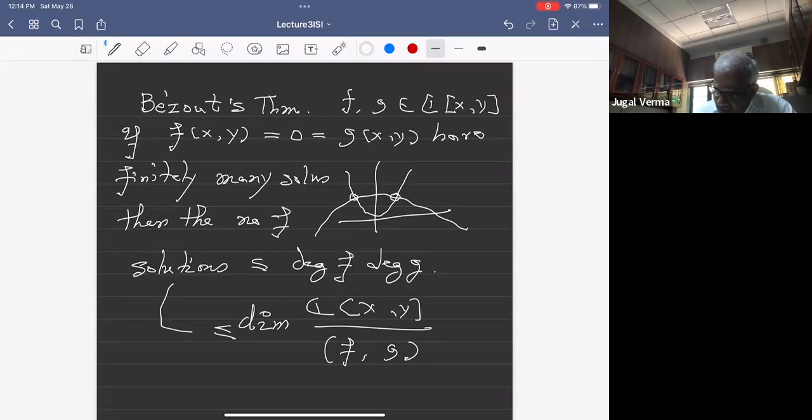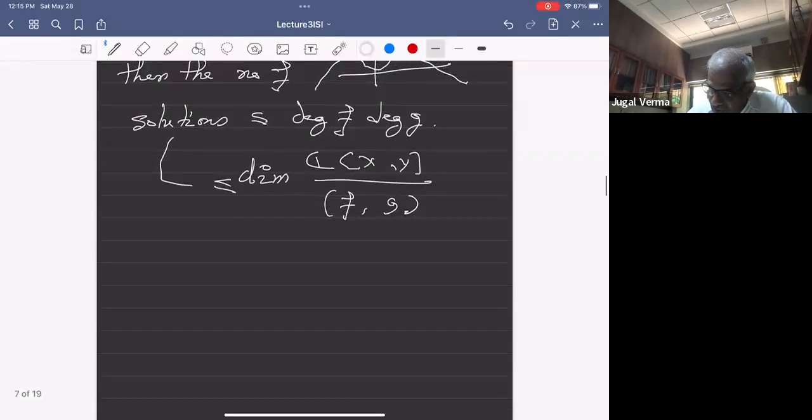It is saying that this dimension is bounded above by the product of the degrees. Once you know what F and G are, we know what their degrees are. So we don't have to calculate the dimension of this vector space, which can be a very costly affair by symbolic methods. But it says the product of the degrees is an upper bound.